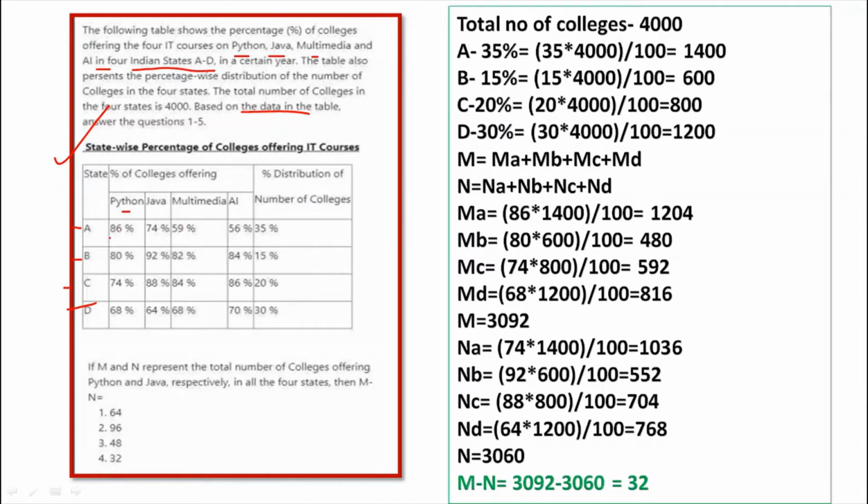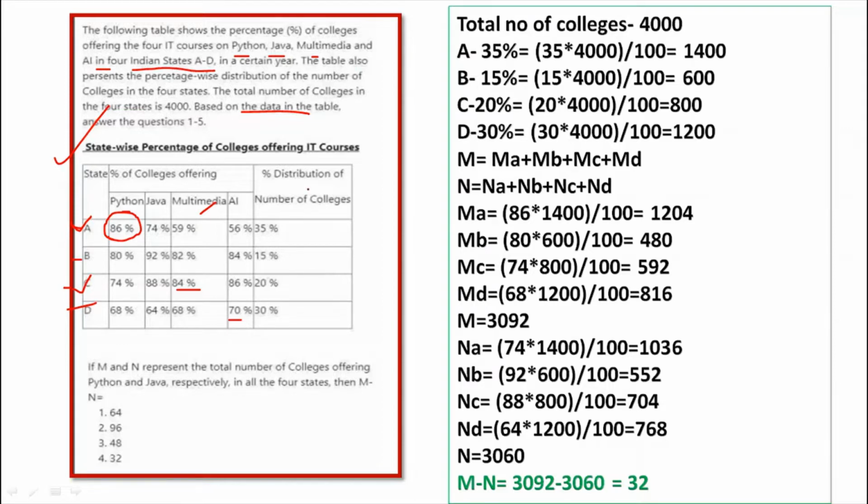Like here 86% of colleges in state A are offering the Python course, 84% in state C are offering multimedia courses. For AI, state D has 70%. So like this we are given data of colleges offering different courses, their percentage in every state.